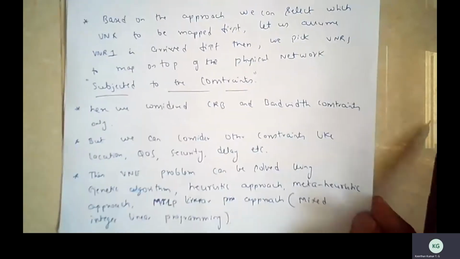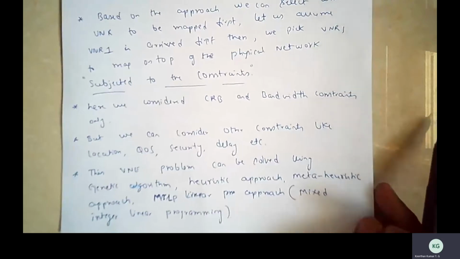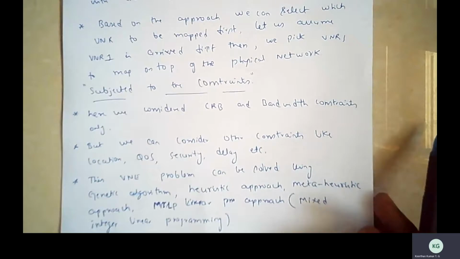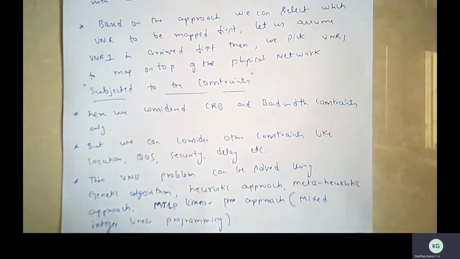Now, if people have a small doubt, like there are 2 requests, which one do we need to consider for mapping? That choice of request varies from approach to approach, depending on the author's decision. Based on how I'm going to solve the problem, the author will pick the VNR. For example, I can pick on a first-come-first-served basis: VNR1 arrived first, so I will address the VNR1 request.